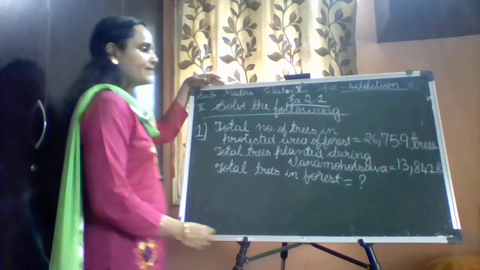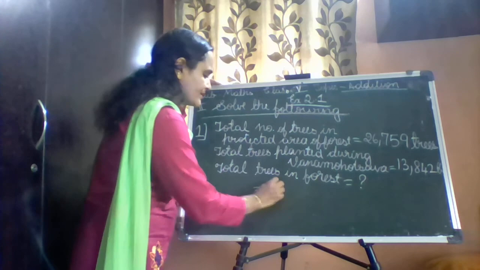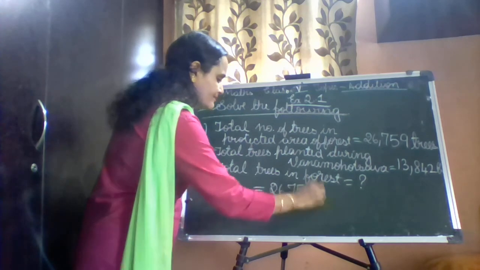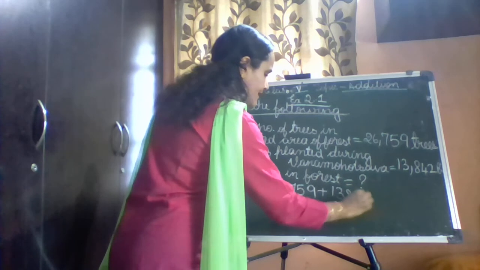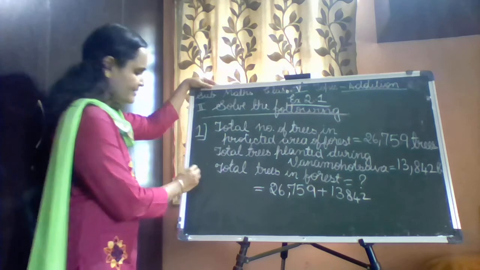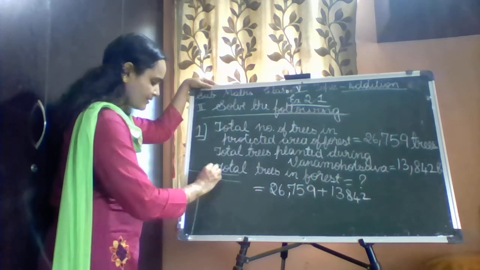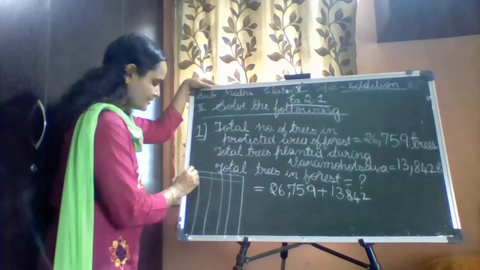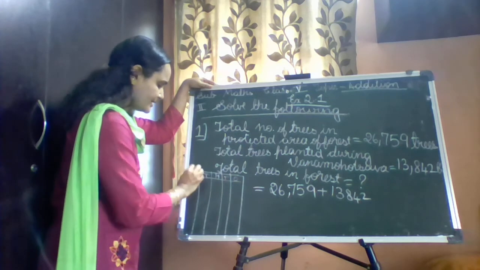When you want to find the total, it means addition. So this equals 26,759 plus 13,842. Now write this with the place values: ones, tens, 100, 1,000 and 10,000.